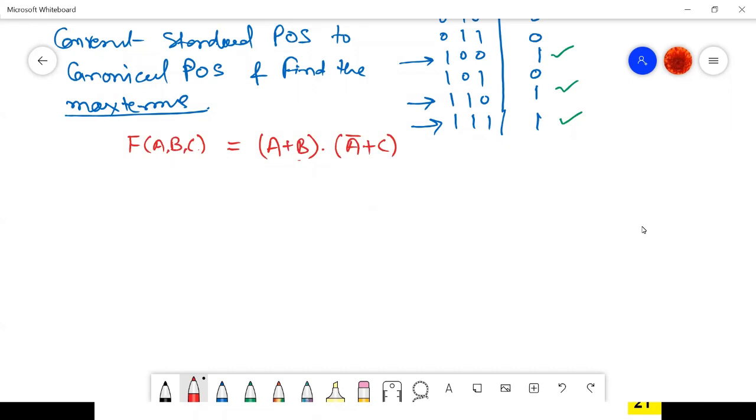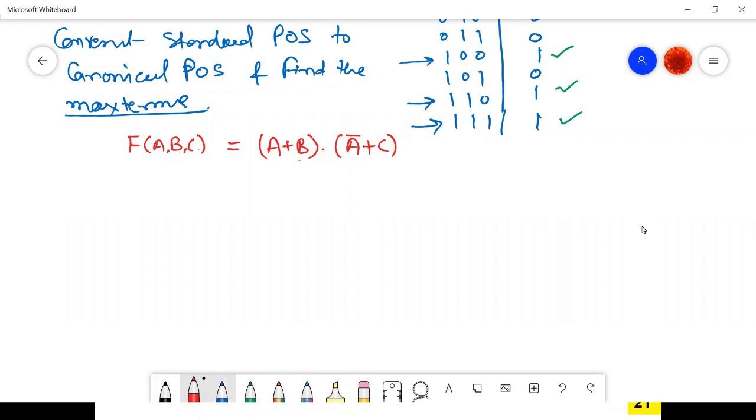When you see this question, you can understand it is a product of sums form, and we have to convert it into canonical. This is a standard form because the function is a function of ABC, but these two terms have only two literals, or sometimes it may have 1 literal as well. Keep in mind.